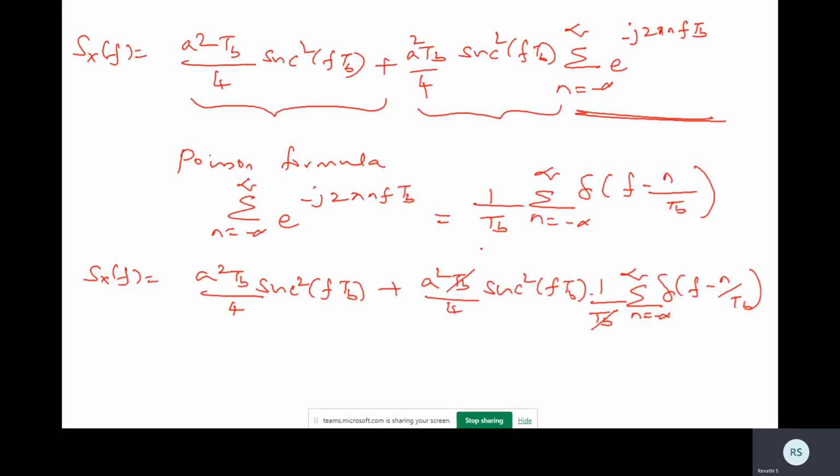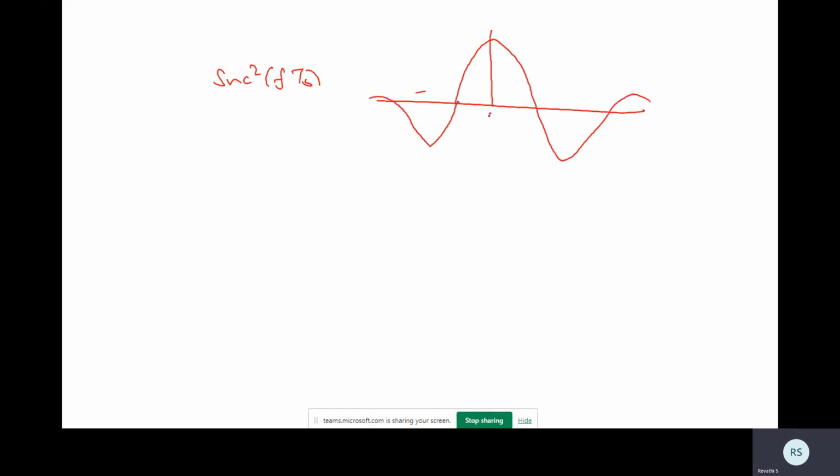So this is a periodical impulse train multiplied with the sinc function. When you draw sinc square of f Tb, you will have a sinc function like this. At 0 you have some value, the normalized value of 1, but at 1 by Tb, 2 by Tb, minus 1 by Tb, minus 2 by Tb, like that, for all multiples of 1 by Tb, you have 0 only.